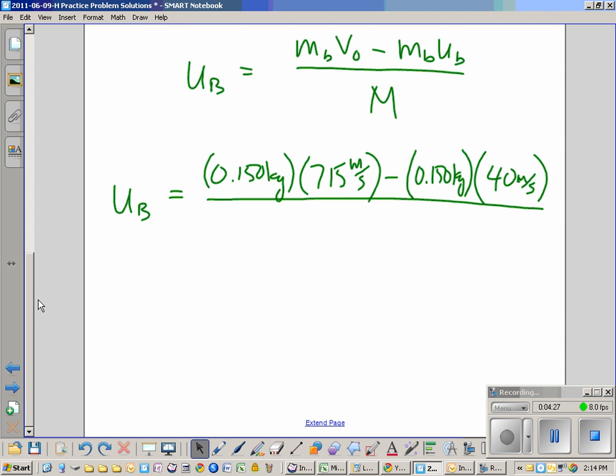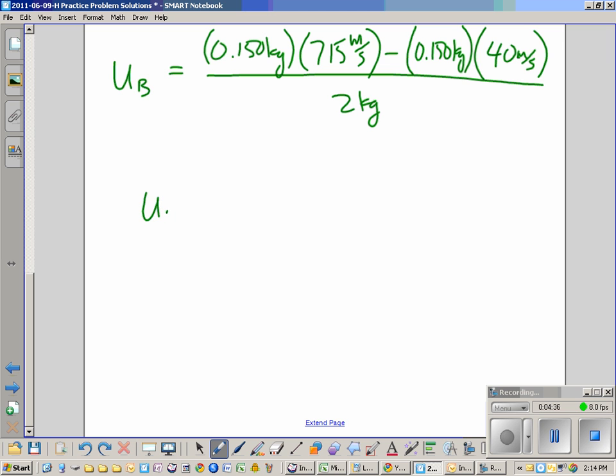It is 2 kilograms. So we're going to have kilogram meters per second divided by kilograms, giving meters per second. So u_b is equal to 0.150 times (715 minus 40) all over 2.